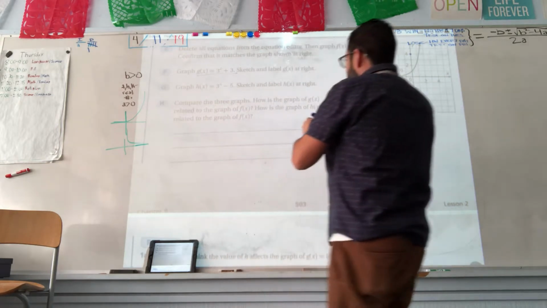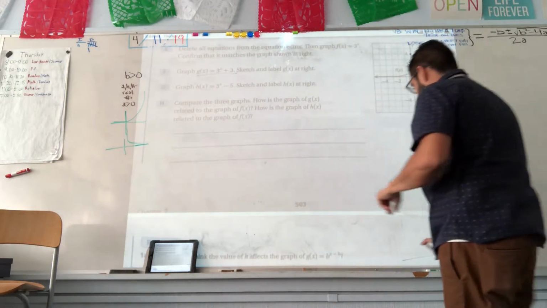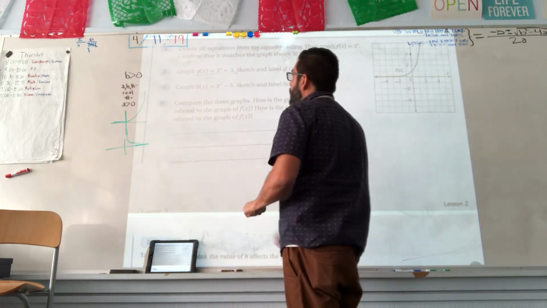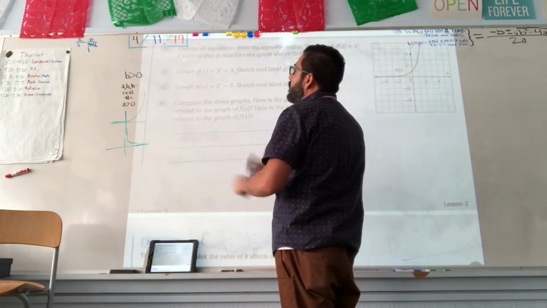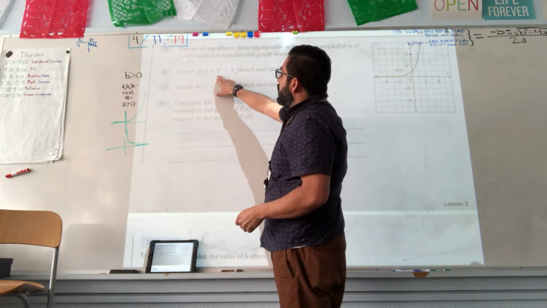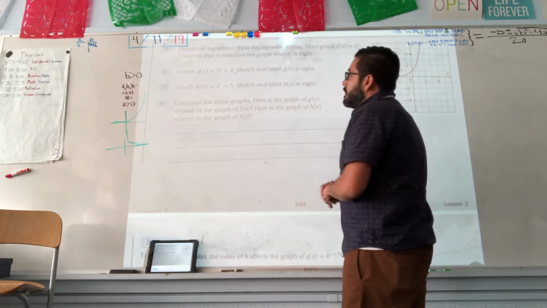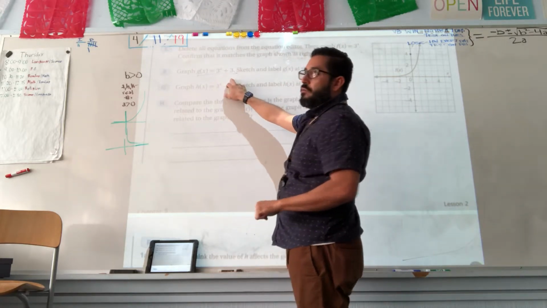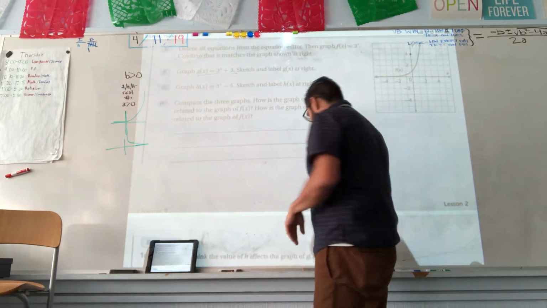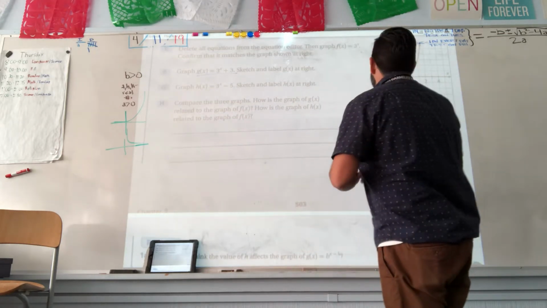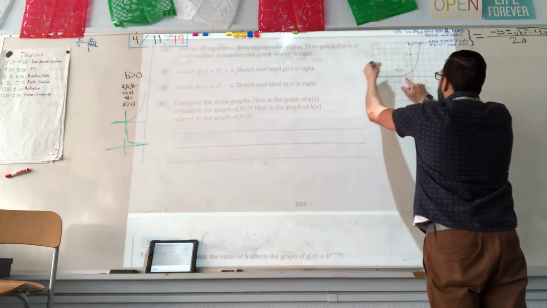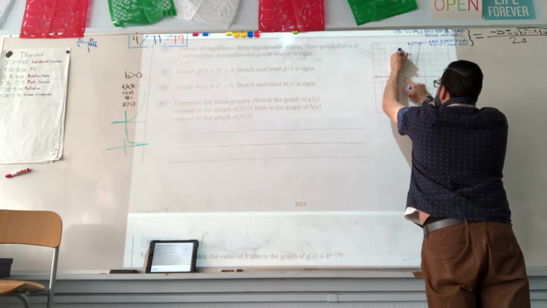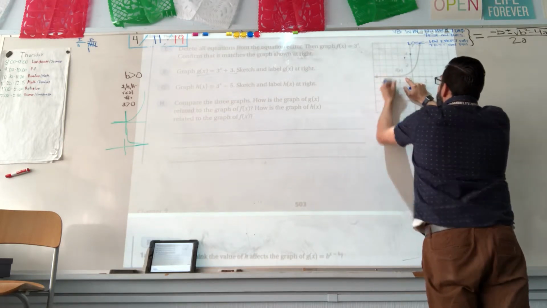All right, if I did -1, okay, -1 would be 1 over 3. 1 over 3 plus 3 would be 3 1/3. So when x is -1, we are at 3 1/3, which is basically right here.